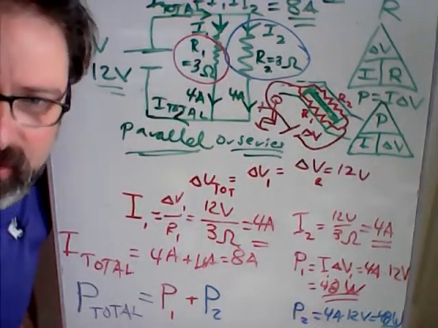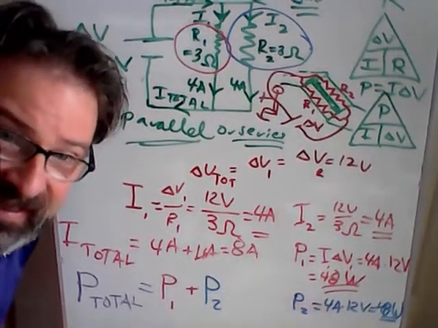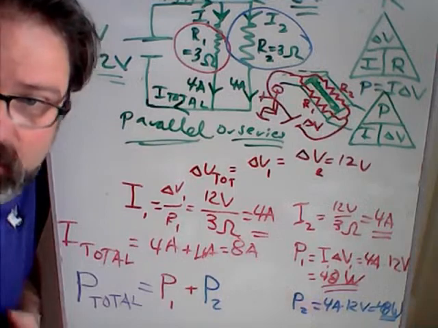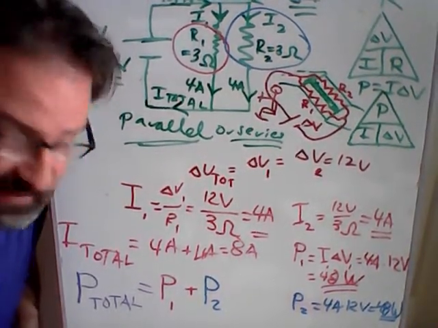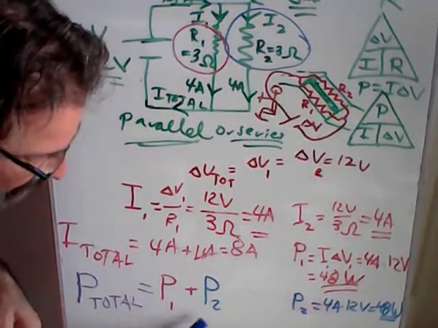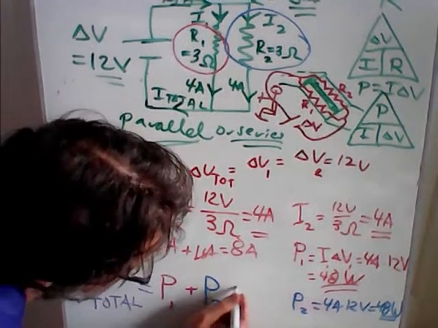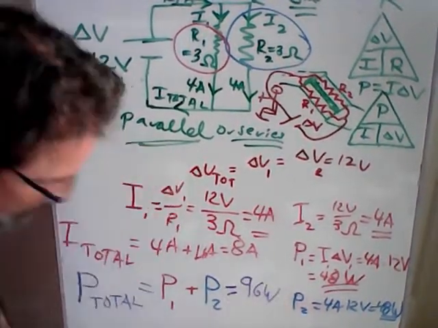So our two resistors each dissipate, or use, you can use different words here, 48 watts, and that means the total power, 48 plus 48, yay, pedagogy by color, is going to be equal to 96 watts.